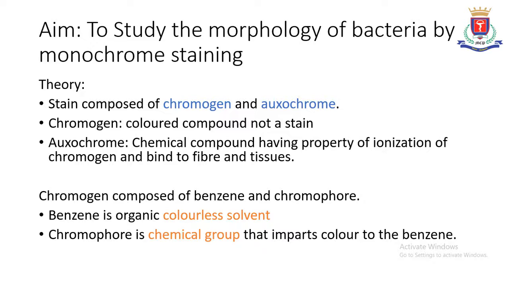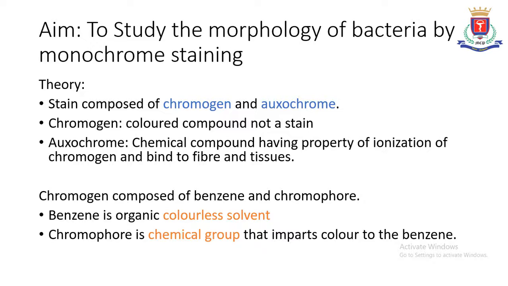Now this chromogen is composed of two components. First is the benzene and second is the chromophore. Benzene is an organic colorless solvent, whereas chromophore is a chemical group that imparts color to the benzene.